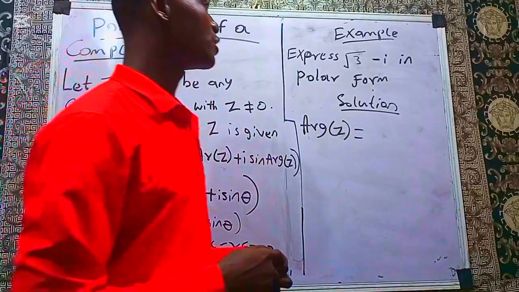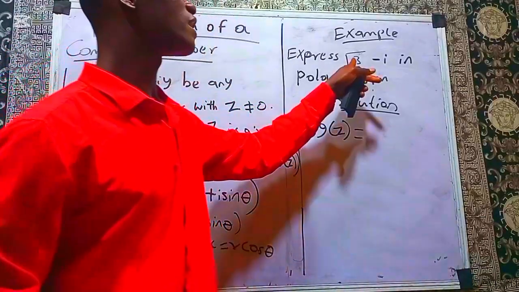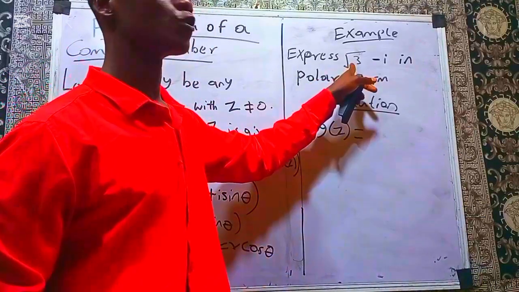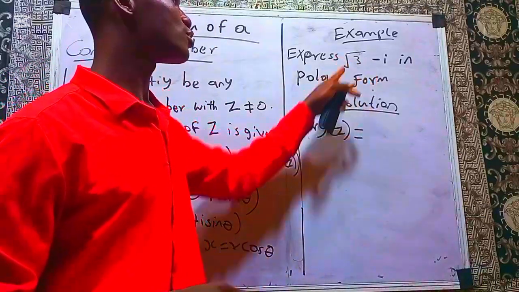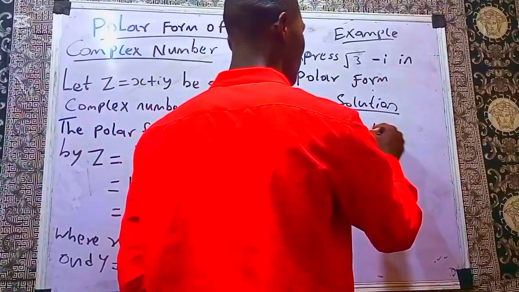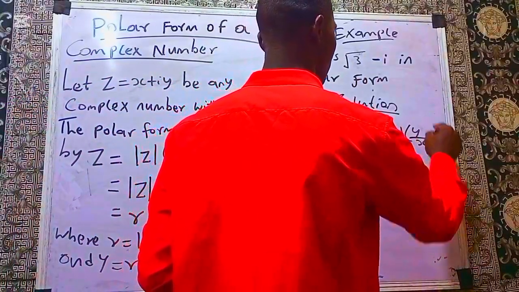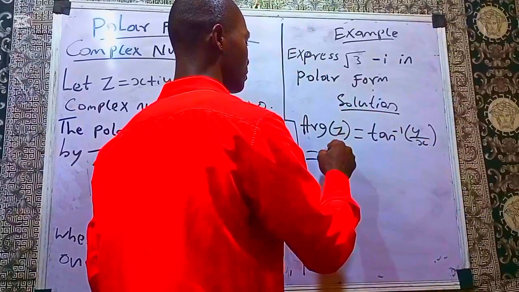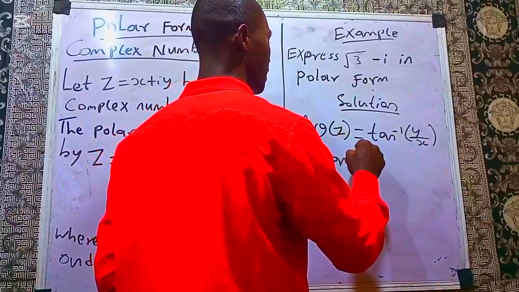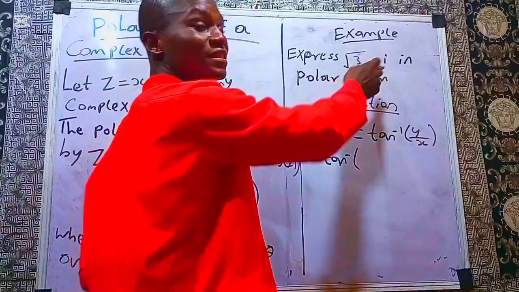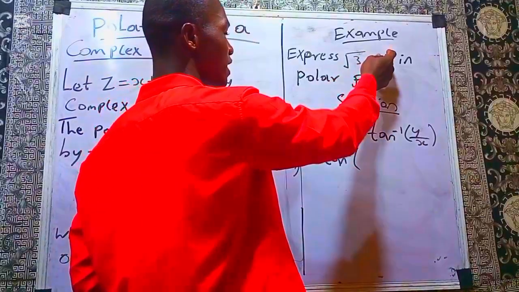In our previous video, I told you that if the real part is positive, that's the one that does not go with i, the principal argument is simply tan inverse of y divided by x. That is tan inverse of y, the imaginary part. What's the imaginary part? It is the coefficient of i. What's the coefficient of i here?